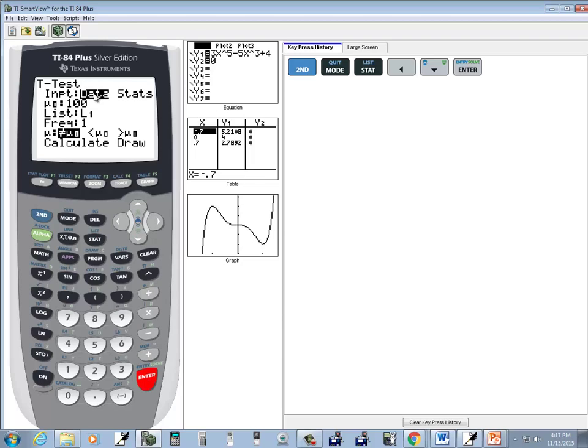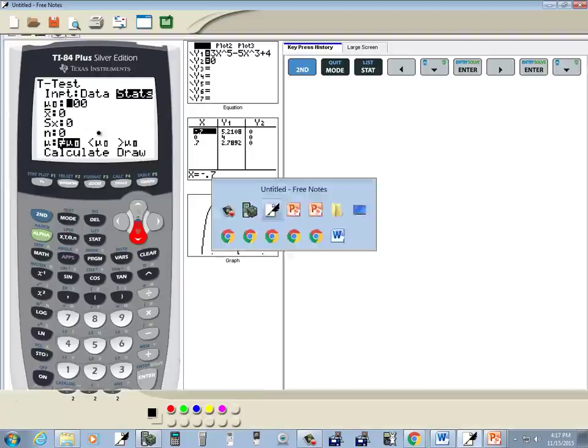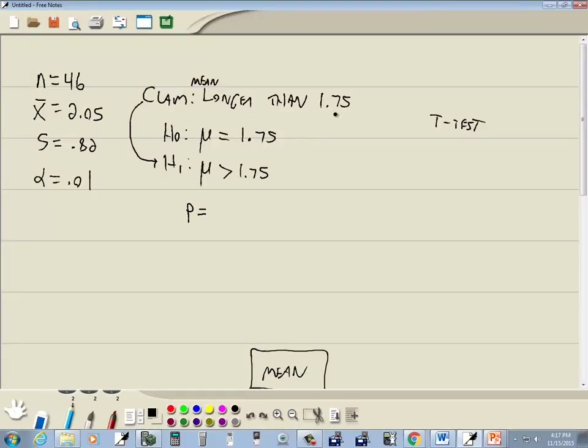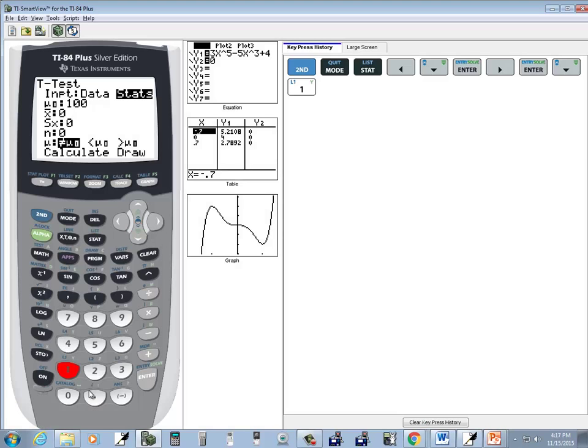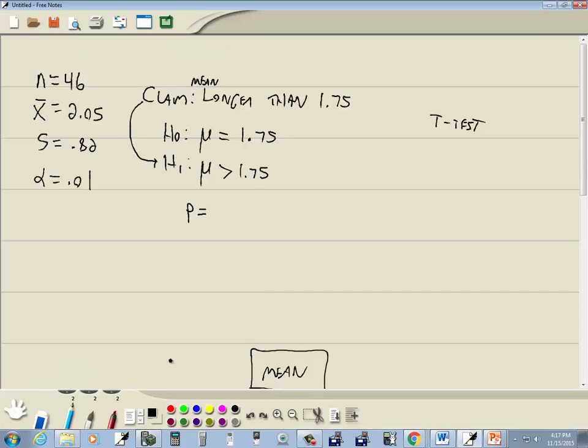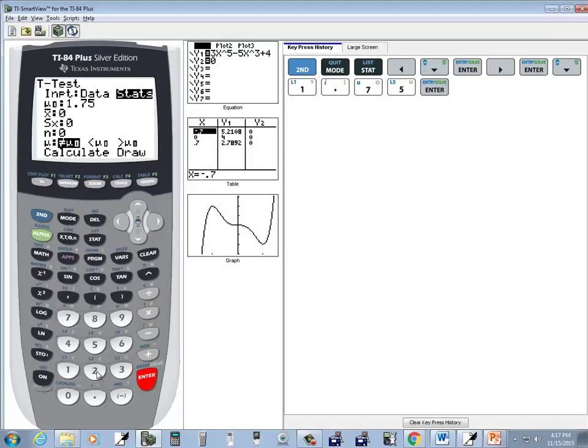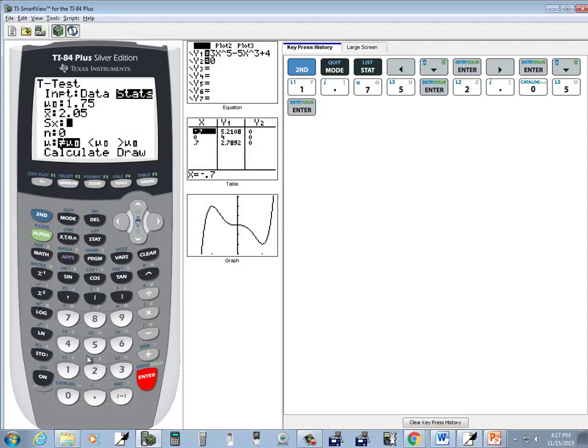Data is when you're given raw data, stats is when you're given summary statistics. Well, we got summary statistics, so I want to choose stats and press enter. Now it asks us for mu naught. Mu naught is always a number off of your claim, or H naught or H1. You see the 1.75. So do 1.75, then x bar, which is 2.05, and then s, which is 0.82, and then n, which is 46.